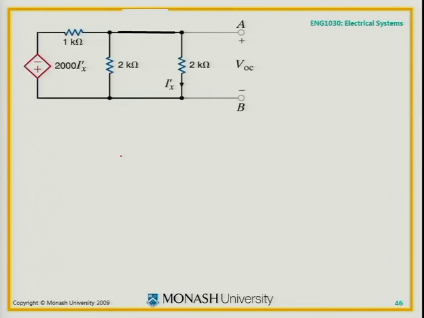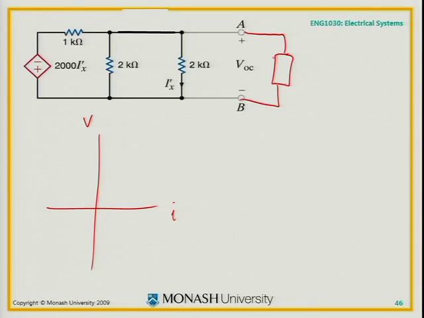I'll show you what the VI relationship would look like in this case. Remember, this is if I put some stuff there, measured the V and the I and plotted it. We know it's a straight line, and this time it'll go through the origin.